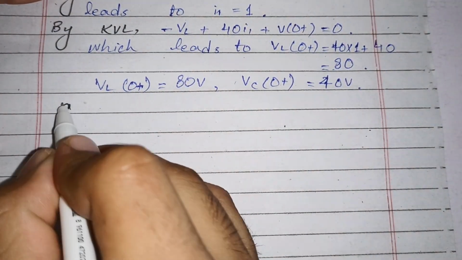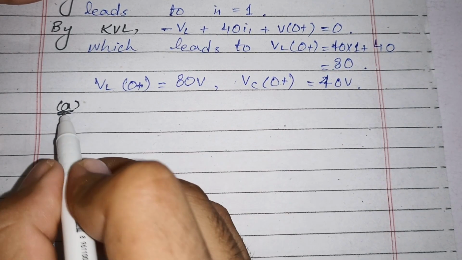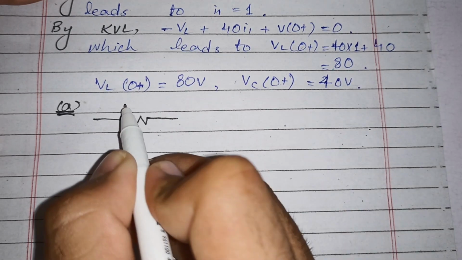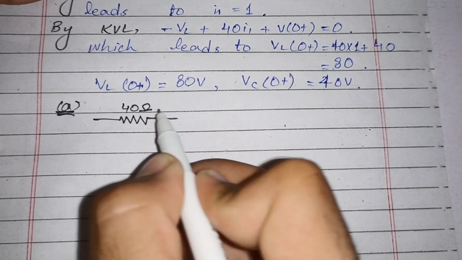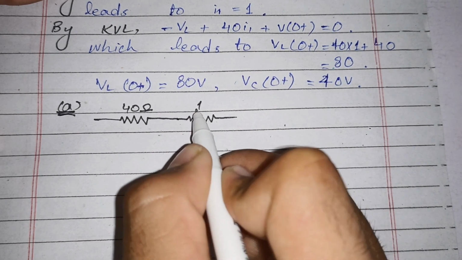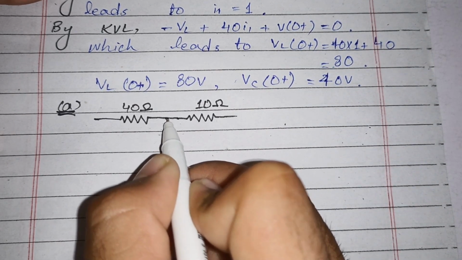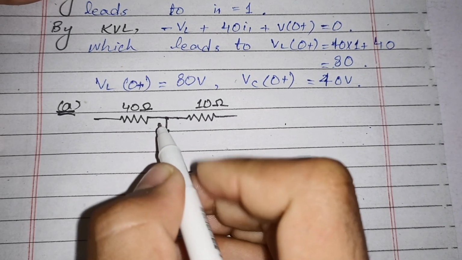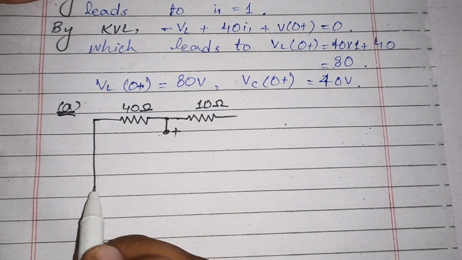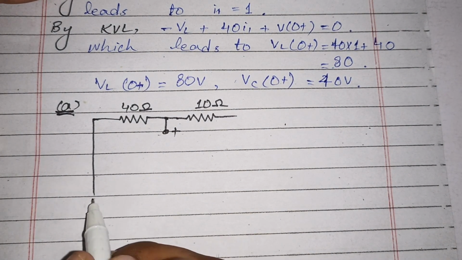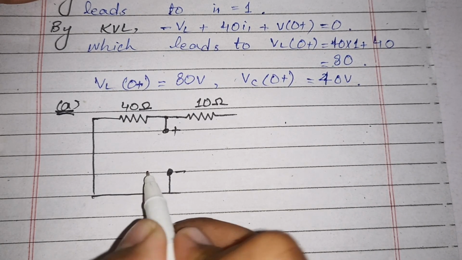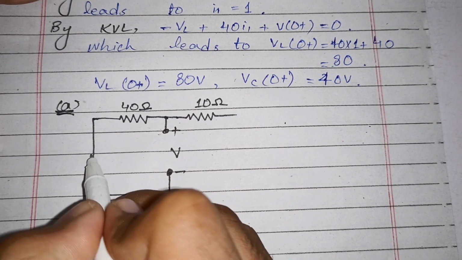The modified circuit A: a resistor with 40 ohm and a second resistor with 10 ohm, and here is the plus terminal and here is the minus terminal of voltage.